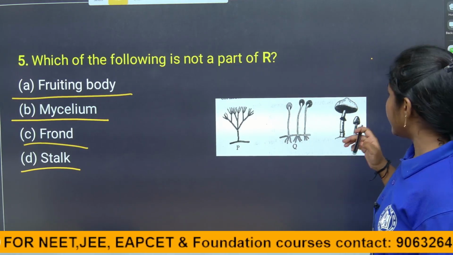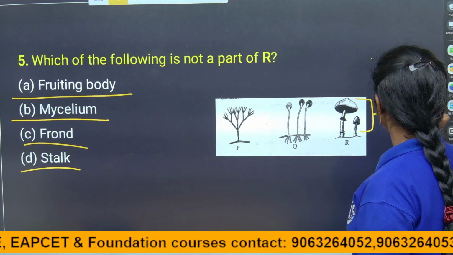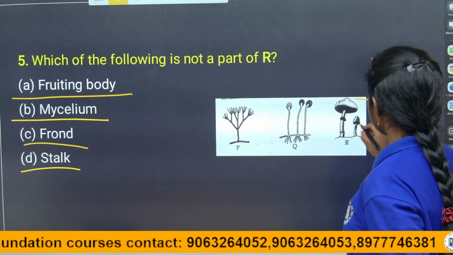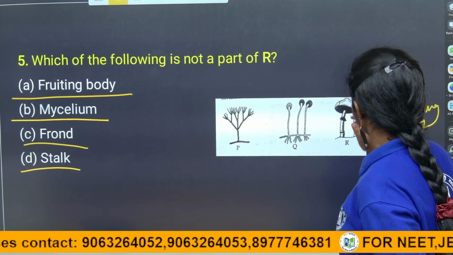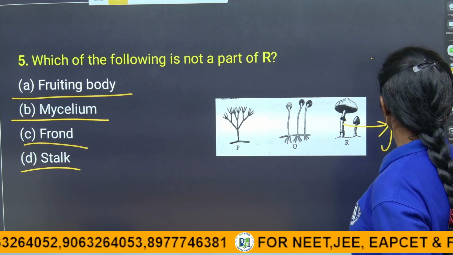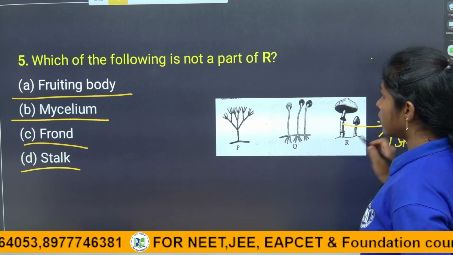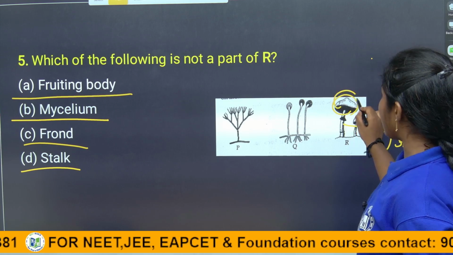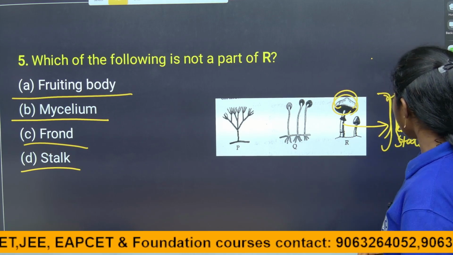Okay, so here is the fruiting body of the mushroom. The cap-like structure of the mushroom, the stalk, and the spore producing area, we call as the fruiting body.